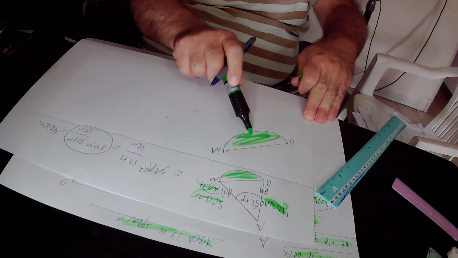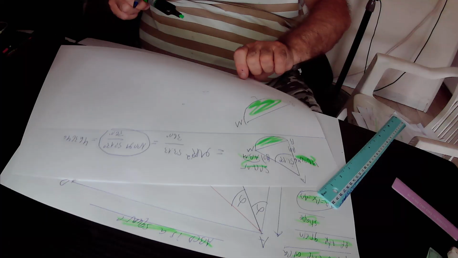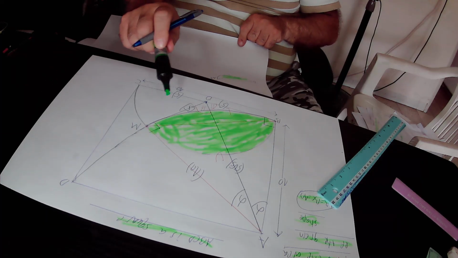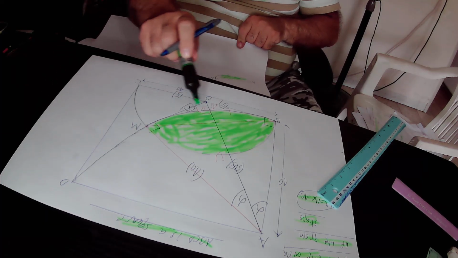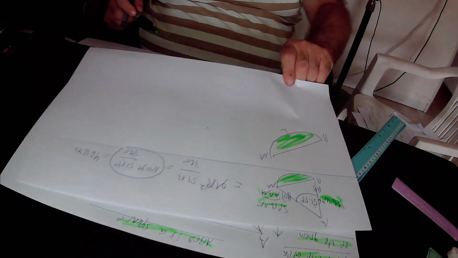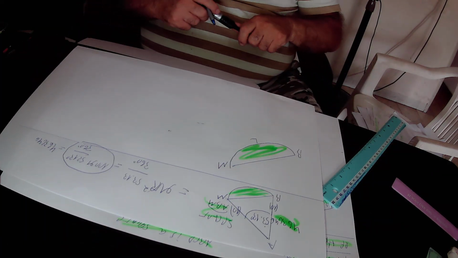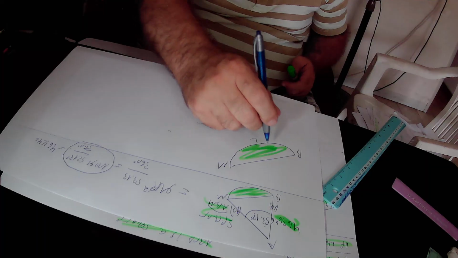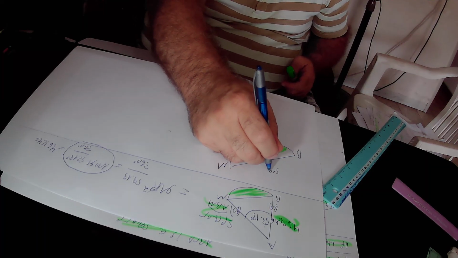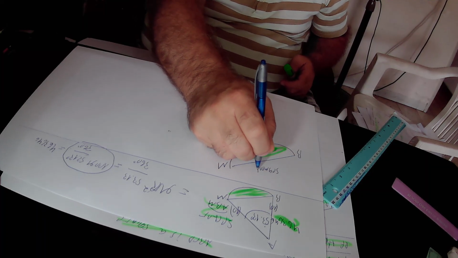This is the lower segment BLM, that I cut from here. This is the lower segment BLM from the original drawing. So what is the area of this lower segment BLM?